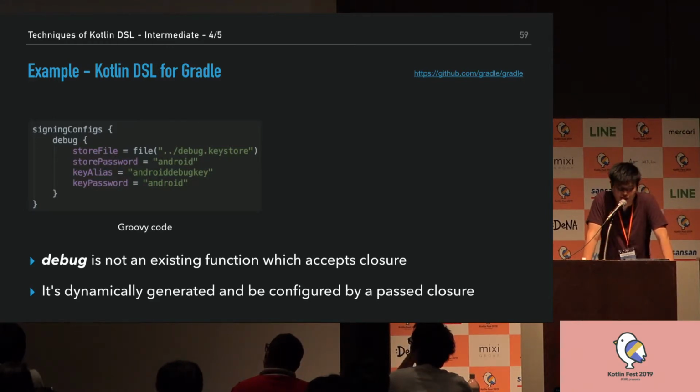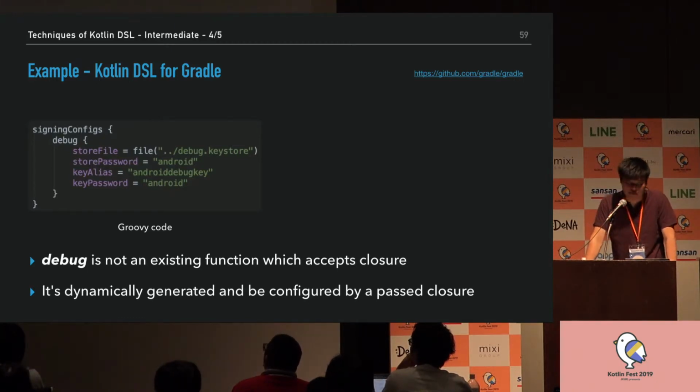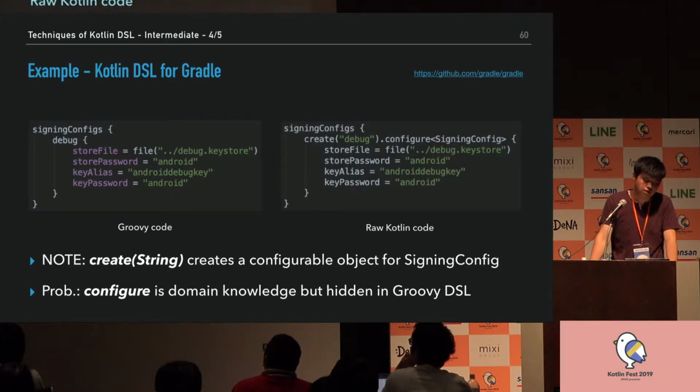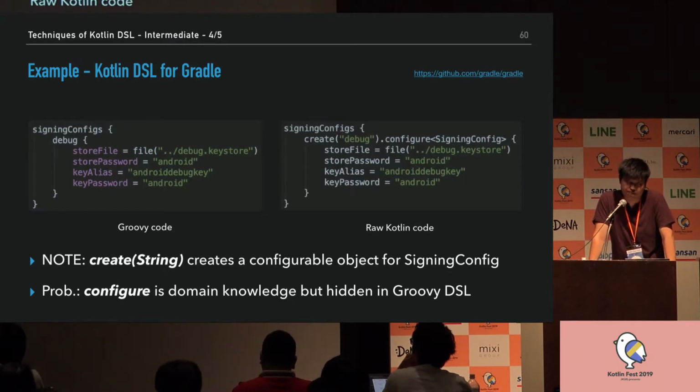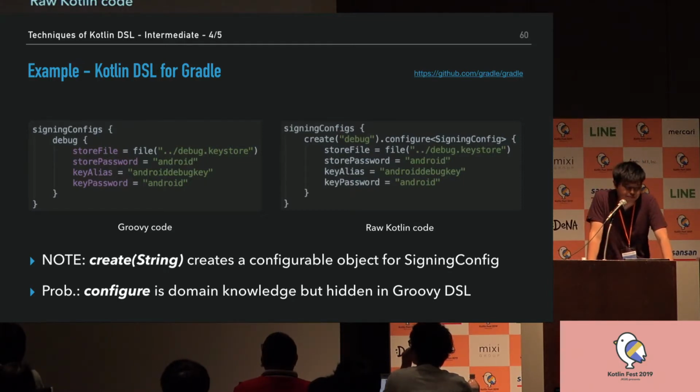However, Kotlin cannot do such dynamic manipulation, unfortunately. Let's see how the Kotlin code becomes. In Kotlin, this Groovy code is transformed like the right figure. Kotlin cannot create a debug configuration dynamically based on a parser like Groovy. So the create function needs to be called explicitly. And also, to set up the debug configuration, we need to call the configure function.